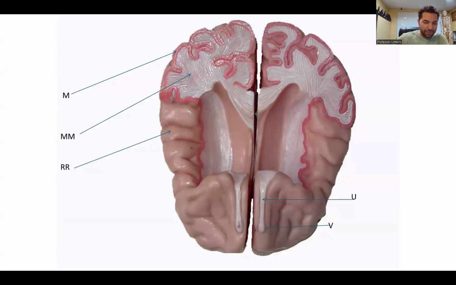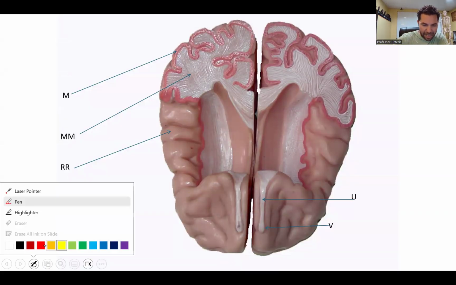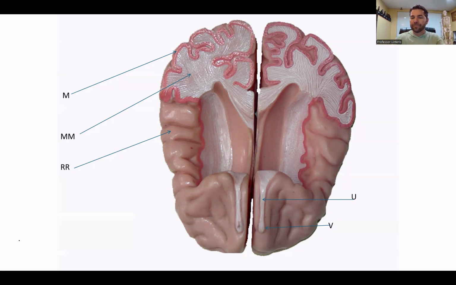The thing I like about this picture, it's not too much going on, but we can see, and I'm sure if you've had your lecture you've talked about it, the difference between the cortex and the inner structures. So the cortex is the outer region of the brain, and that is made of gray matter.